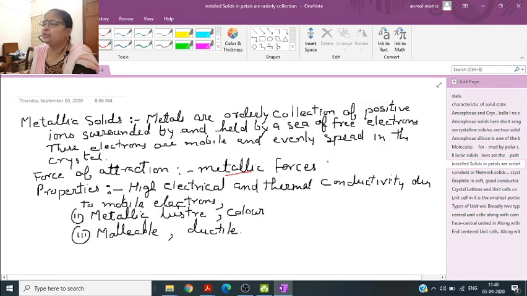Now the metallic forces are the force of attraction between the nucleus of one atom of the metal and the mobile electron of the other. All the properties of metal they will show, like high electrical and thermal conductivity due to mobile electrons. Number 2, they show metallic luster, they have color, they are malleable, ductile.